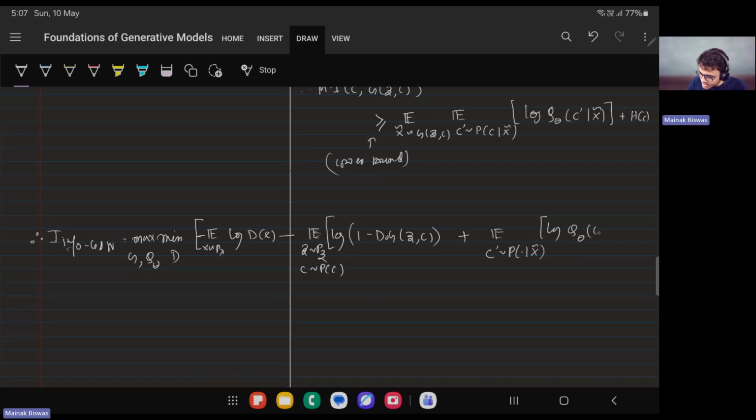Q theta of C dash comma x tilde. Okay, so once I do that, I have these two terms. So this is my general GAN.